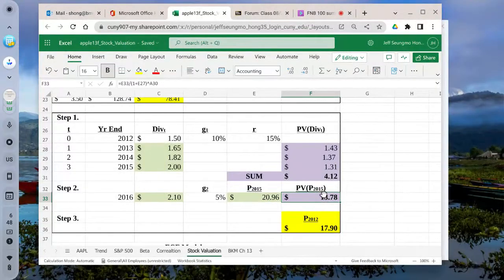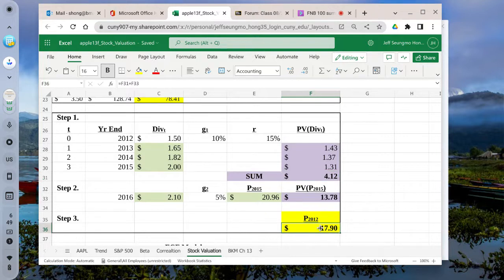This is the present value as of 2012 of the price at the end of 2015. Understand? So this is the present value, and this is the present value of all the dividends for the first 3 years. So we need to add them up.